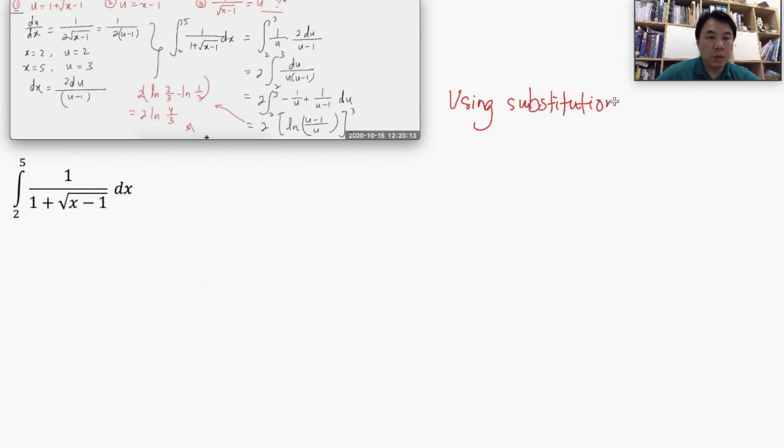We will let u equal 1 over the square root of this. Okay. And then we're going to perform the differentiation as usual. In this case, we will have negative half, x minus 1 to the power of 3 over 2 here.